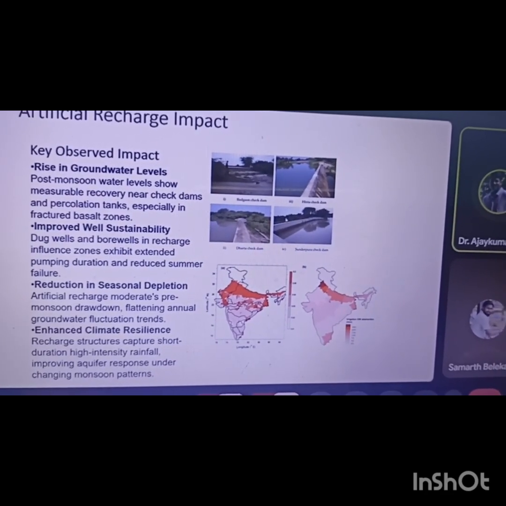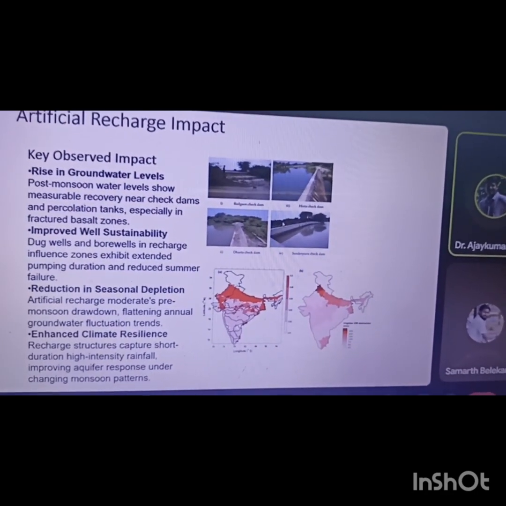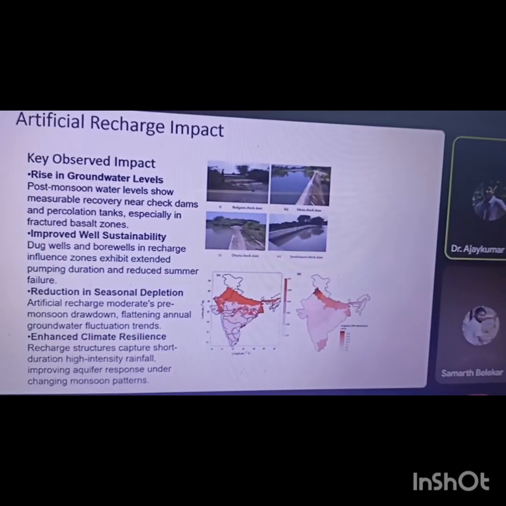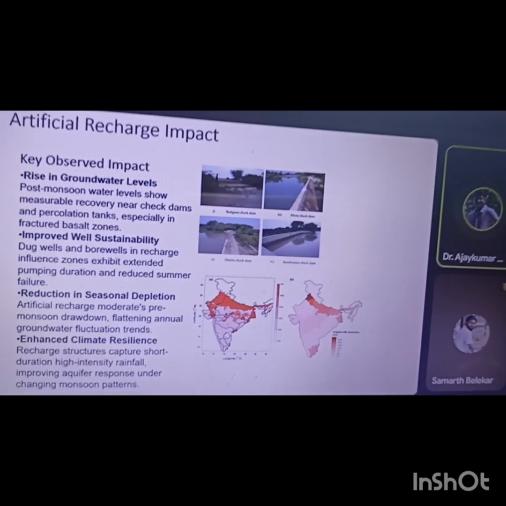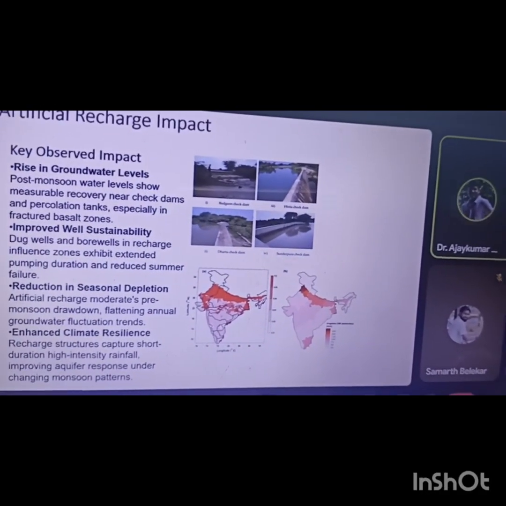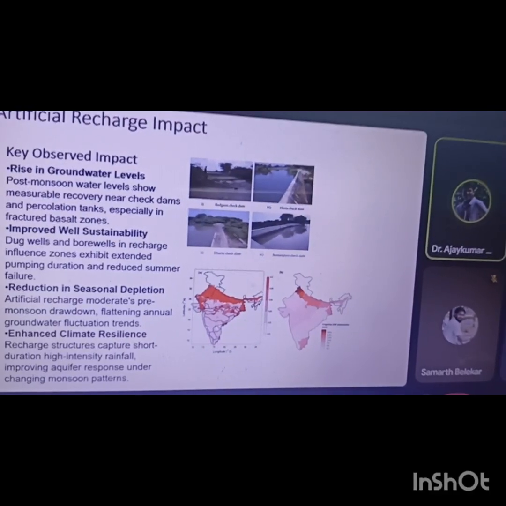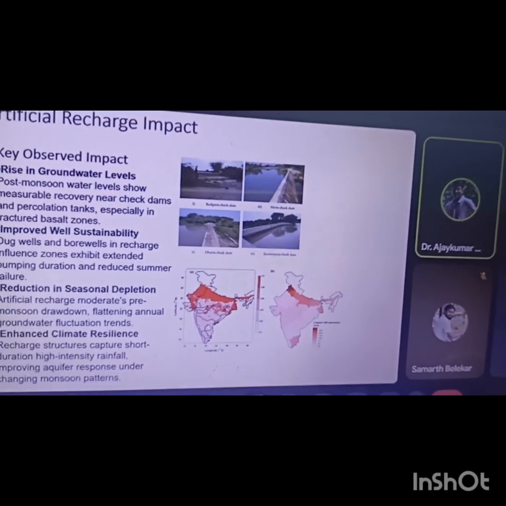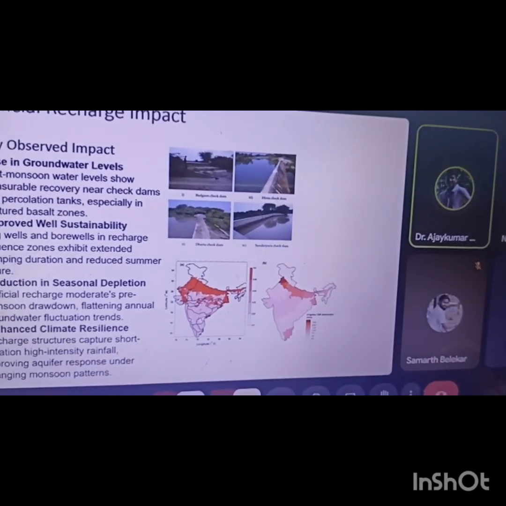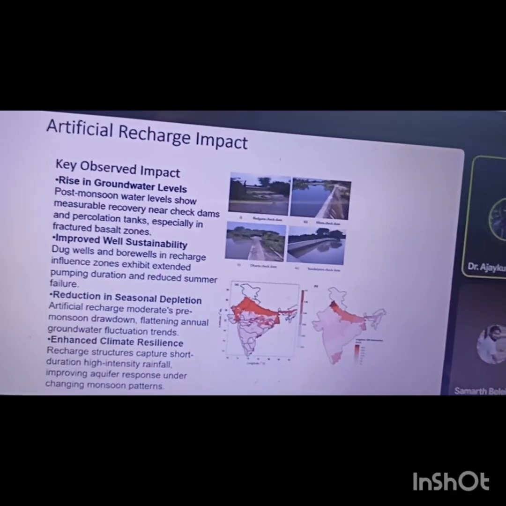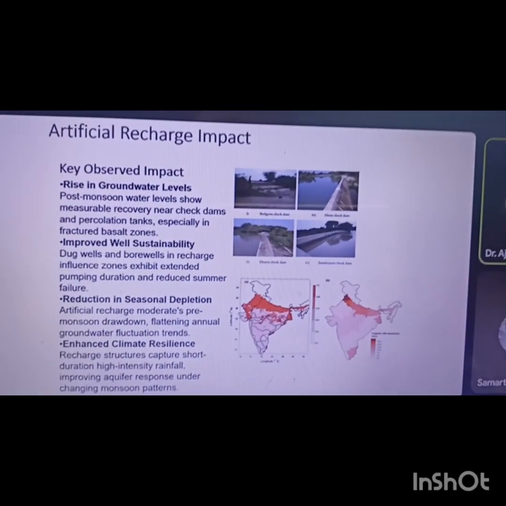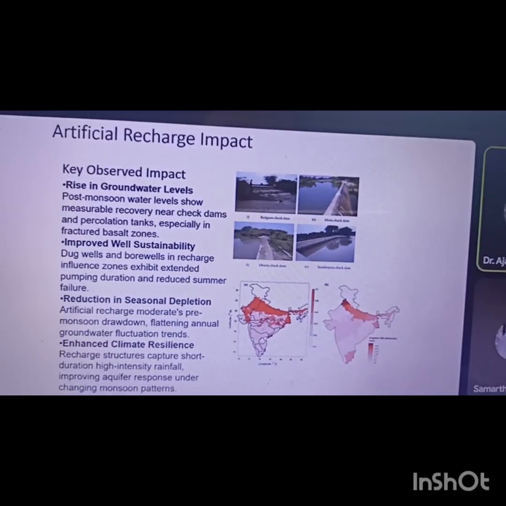The fractured zones, because we are working in the Jal Swaraj 2 project also, where we identified that whenever there is the highest recharge and rise in the groundwater levels, there will be good water in the borewells also.